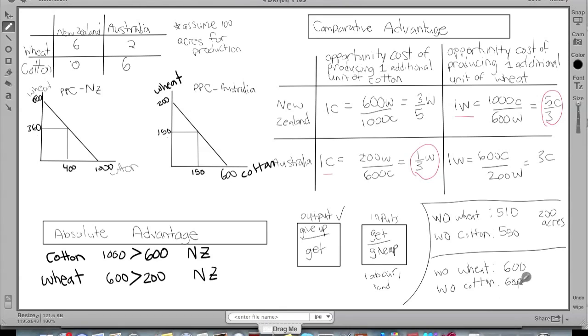And so as we can see, you're still using 200 acres. So over here, the total value is greater than before. So 600 units of wheat is greater than 510 units of wheat, and 600 units of cotton is greater than 550 units of cotton.